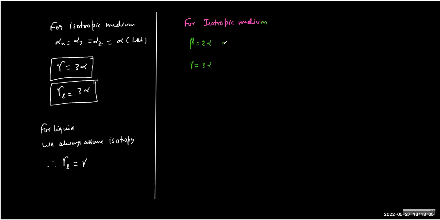So we can write it from here. Alpha is beta by 2, and we can write alpha equals beta by 2 equals gamma by 3. So for isotropic medium, this is the scenario. Alpha is beta by 2 equals gamma by 3. Is this clear? Yes. Okay.